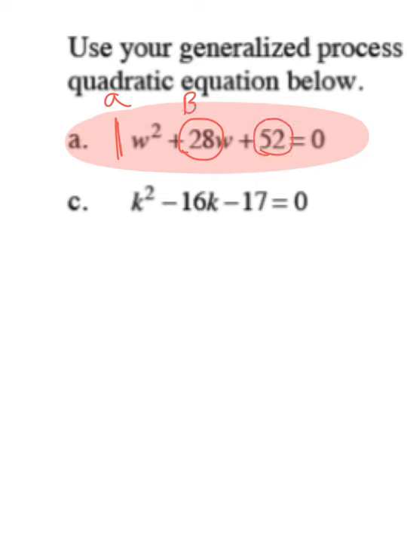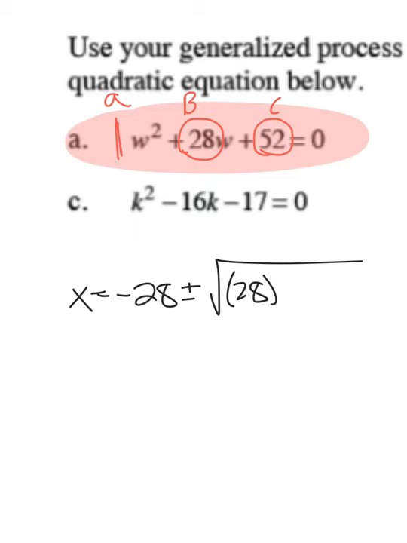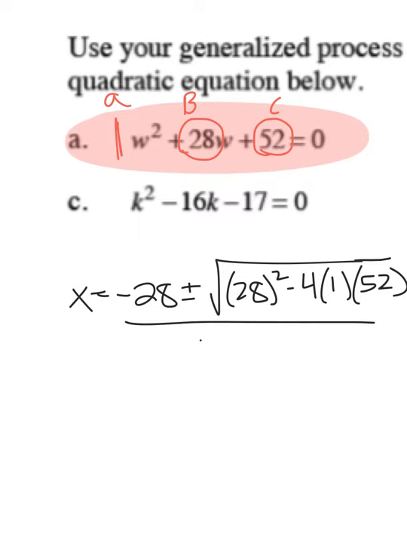And the C is the number that's alone. And so now we fill in the quadratic formula. X equals negative B plus or minus square root B squared minus 4AC, and use parentheses to remind yourself to multiply and to square, all over 2A.